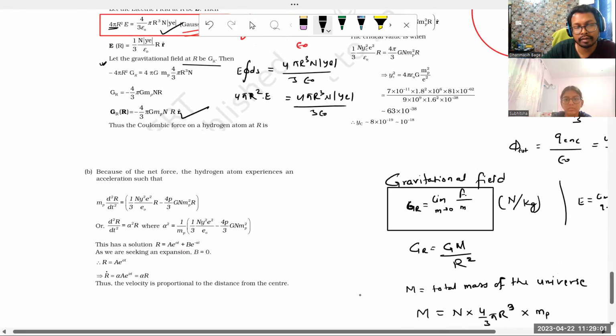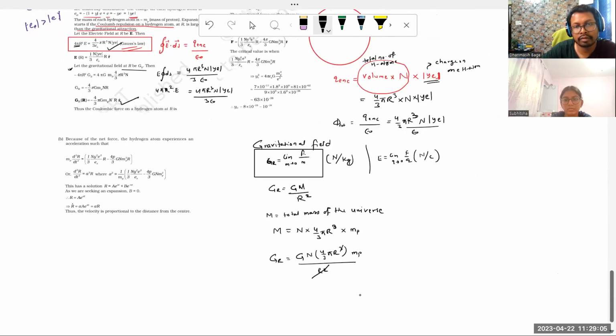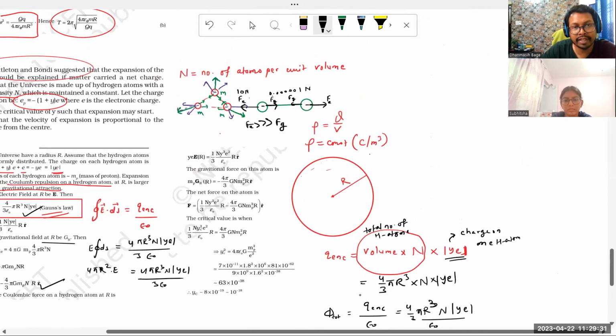Exactly the same thing: 4 by 3 pi G n m p r, exactly the same. Nothing else. So gravitational field is done.